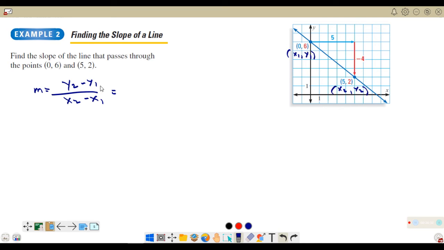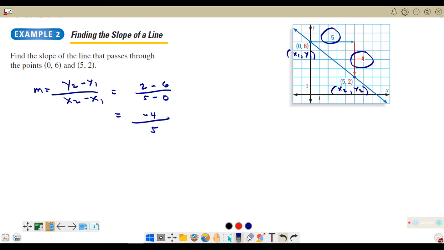Substituting our values, we are going to have 2 minus 6 over 5 minus 0. 2 minus 6 is negative 4, over 5 minus 0 is 5.